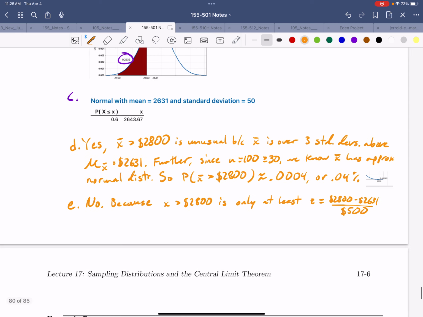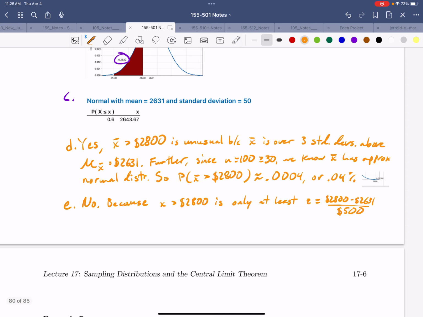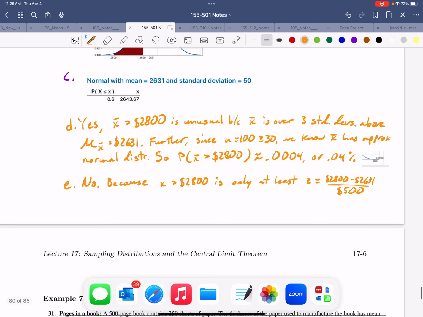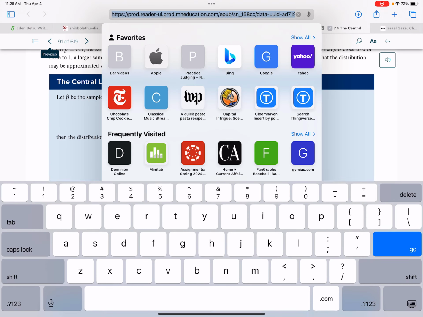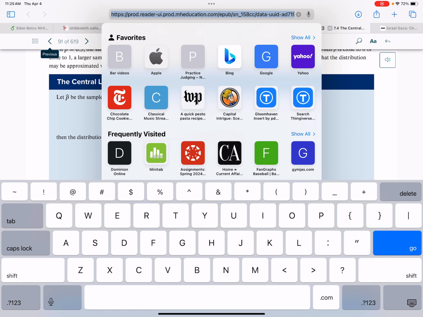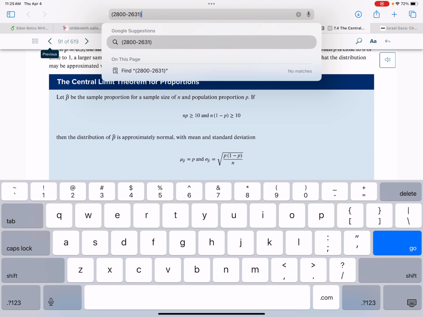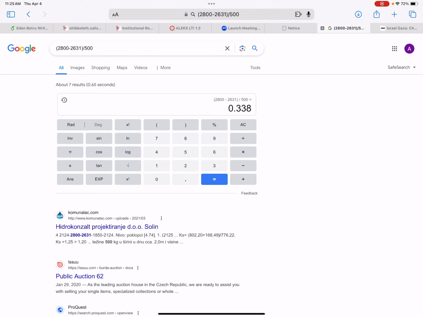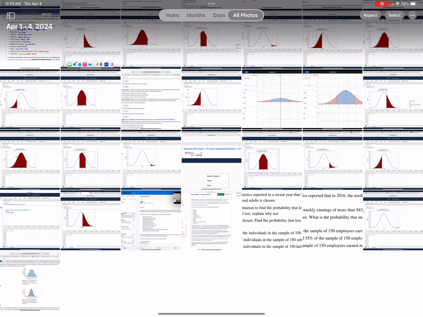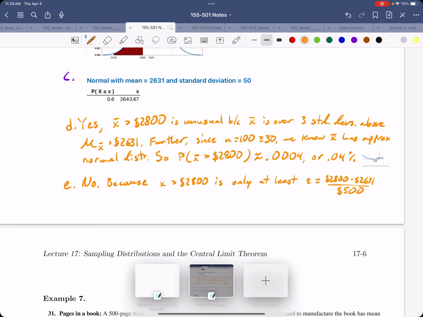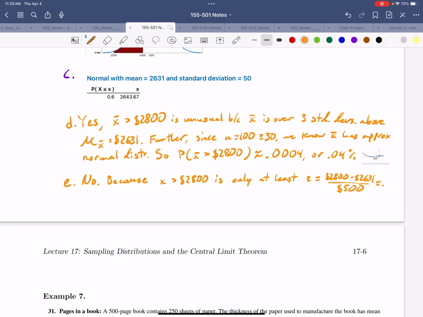Right, and what is the z-score for that? 2,800 minus 2631 divided by 500, 0.338. About 0.34.